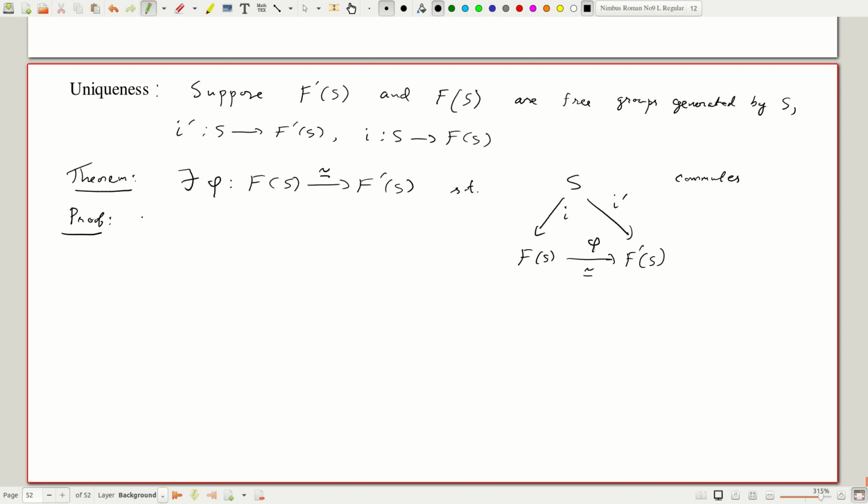Namely, we'll use the universal properties. Suppose F prime of S is a group, and F of S is a free group.